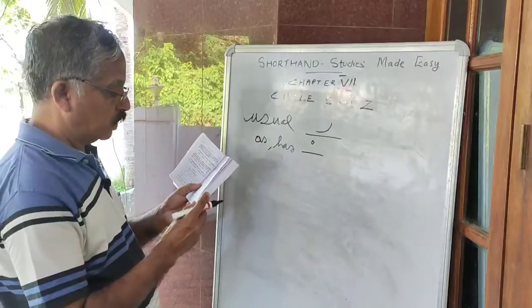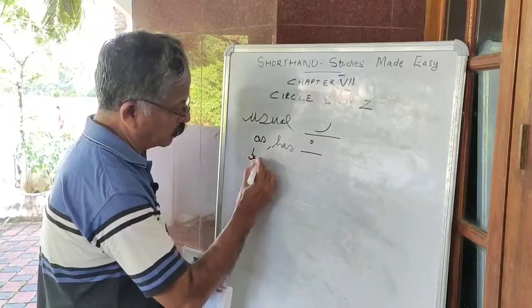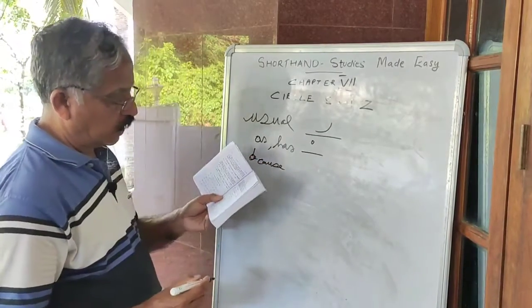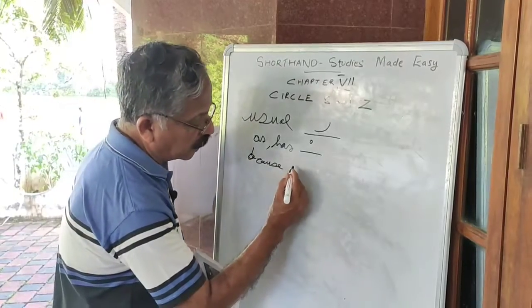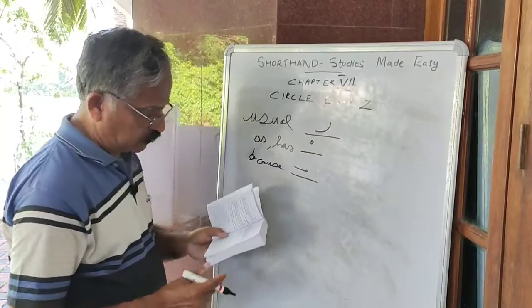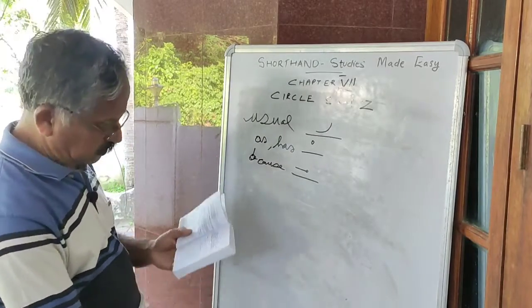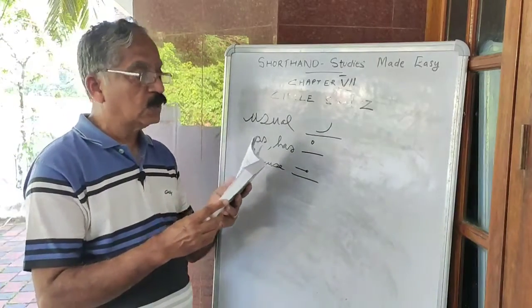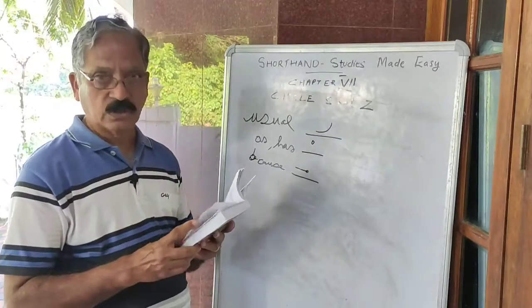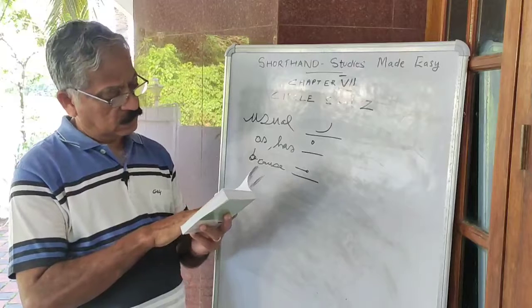Another one: because. How do we write because? For because, K with a small circle, that is because. So these are the gram blocks in this chapter. There are other words also: those, itself, these, thus. All these gram blocks you have to practice at home. This chapter is closed.